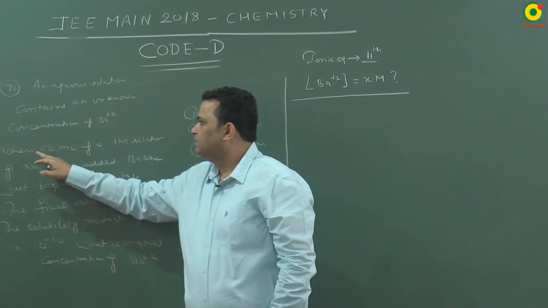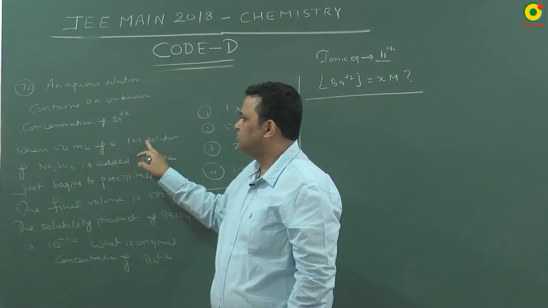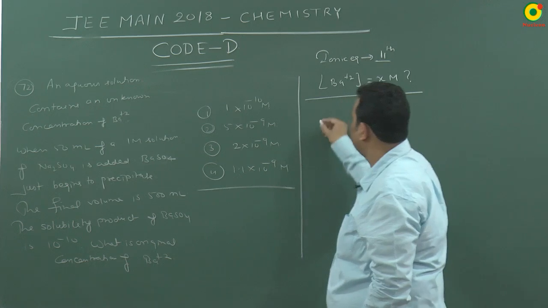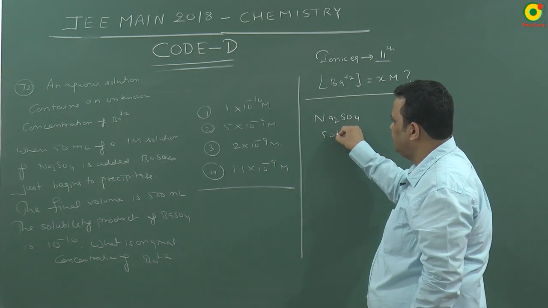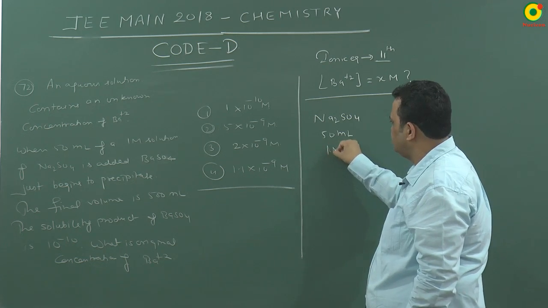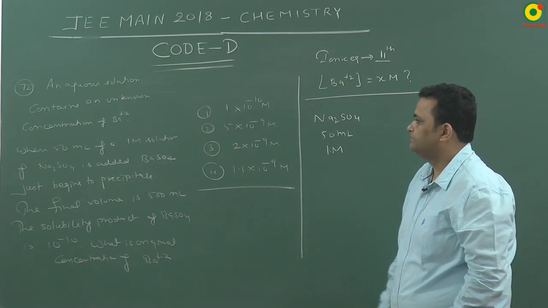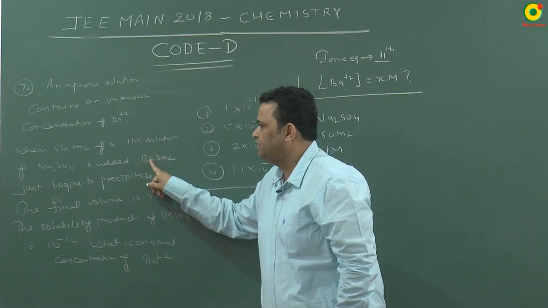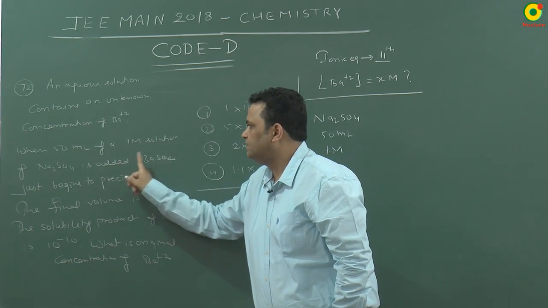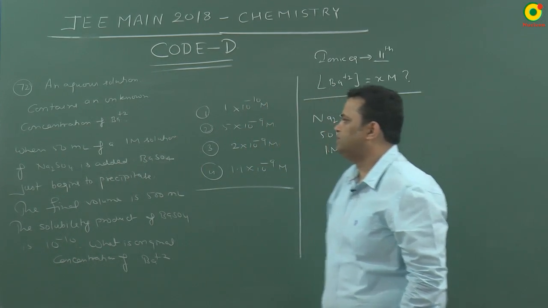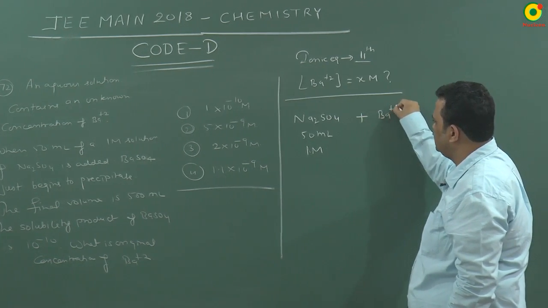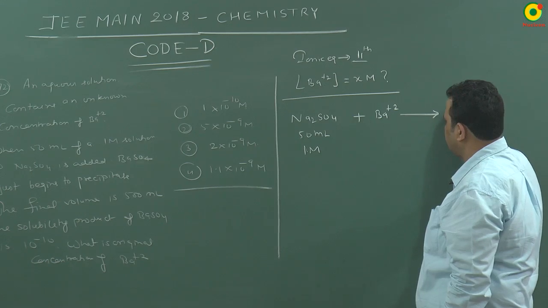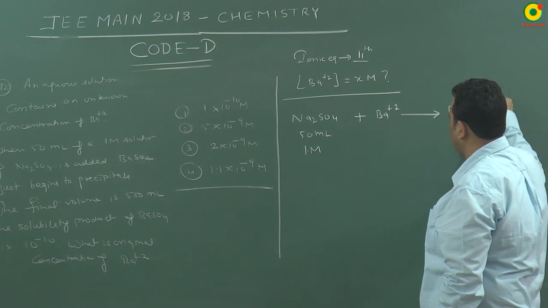Further it says when 50 ml of a 1 molar solution of Na2SO4 is added into the Ba+2 solution, BaSO4 just began to precipitate. That is, this is added into the Ba+2 solution and this will give precipitation of BaSO4.